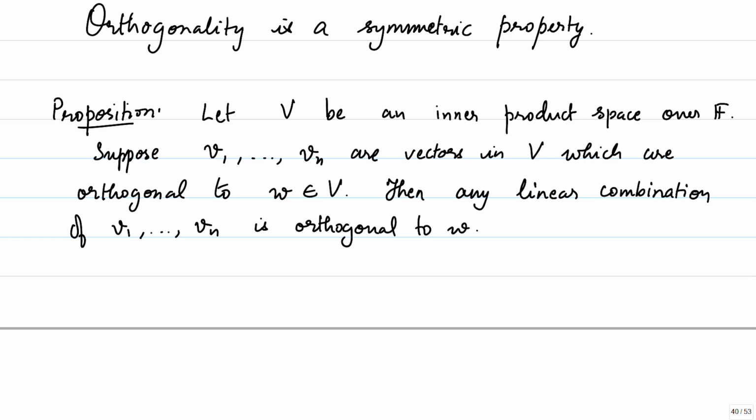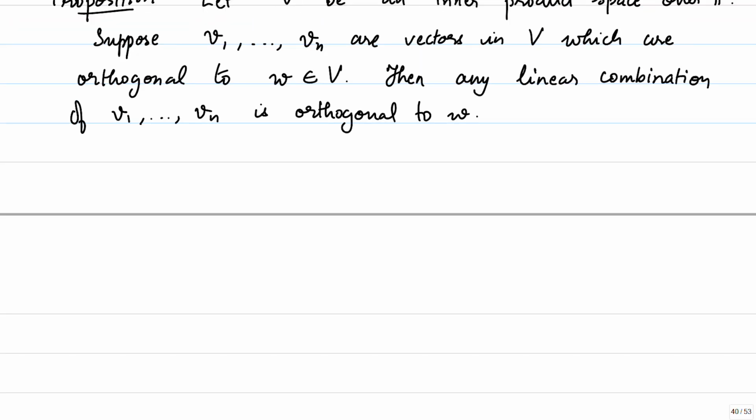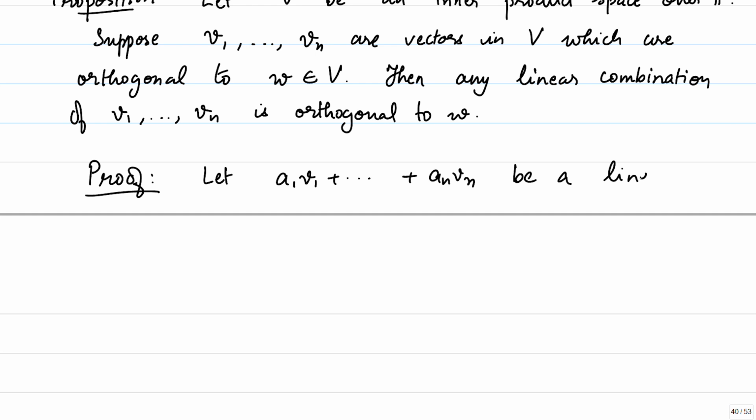Okay, let's give a proof of this proposition. So let's consider some linear combination of v1, v2 up to vn. So let a1 v1 plus up to an vn be a linear combination of v1 to vn.